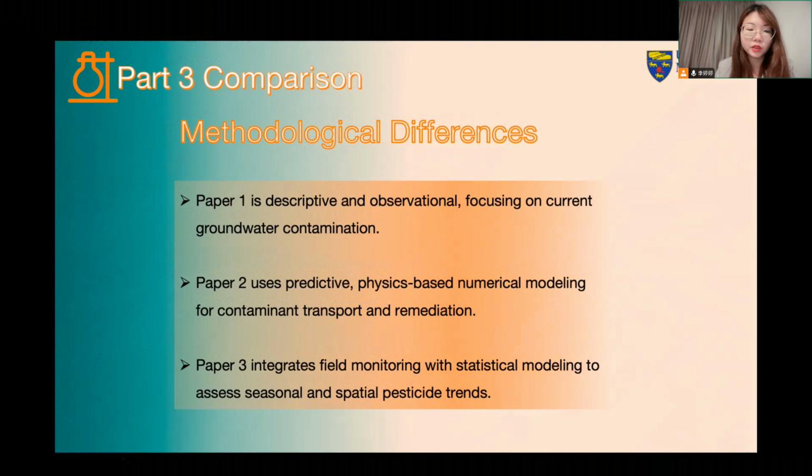The second used predictive physics-based numerical modeling for contaminant transport and remediation. The third paper integrates field monitoring with statistical modeling to assess seasonal and spatial pesticide trends.